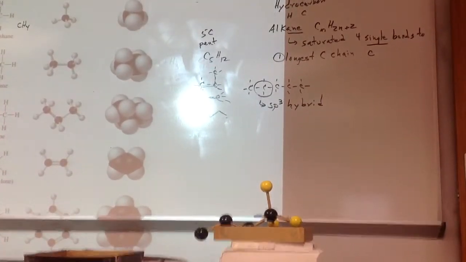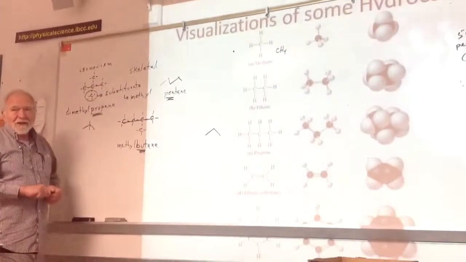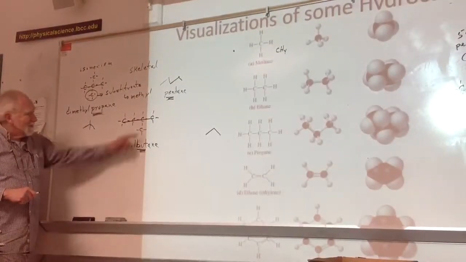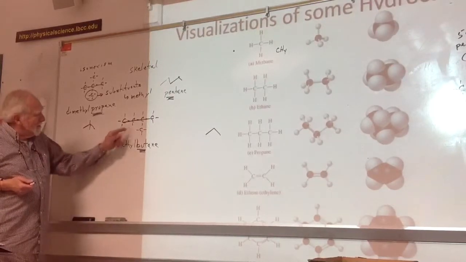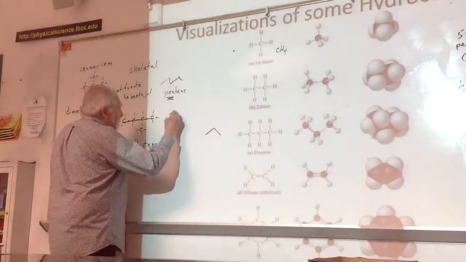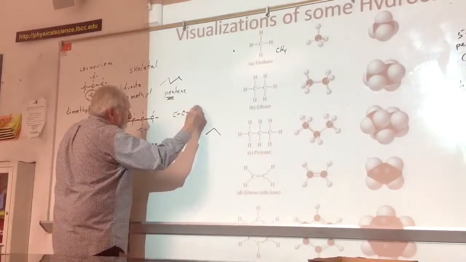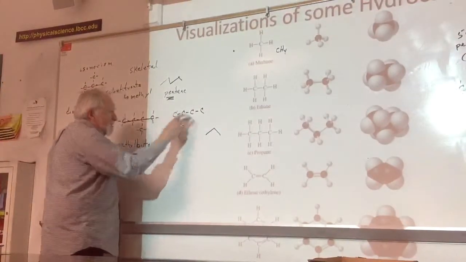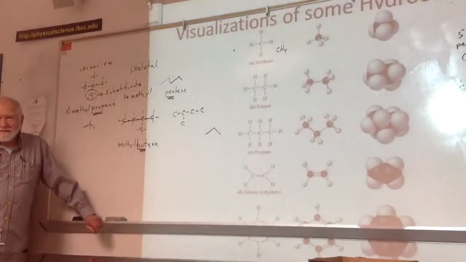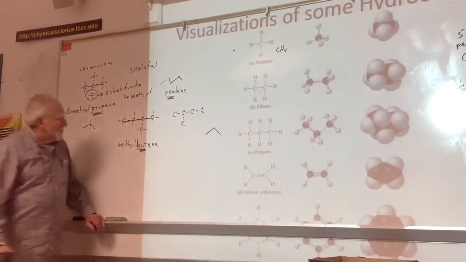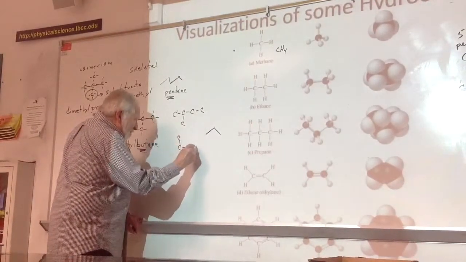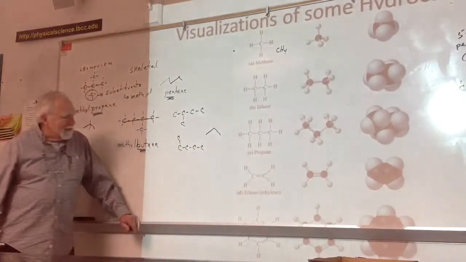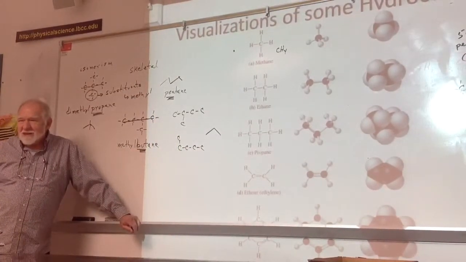Then somebody said, should I call that 2-methylbutane? On 1,2 carbon? And the answer is no, because if I put it over here, it's still the same thing, so the 2 is redundant. And somebody says, how about 1-methylbutane?